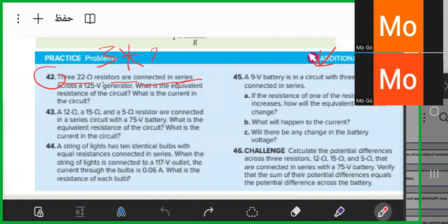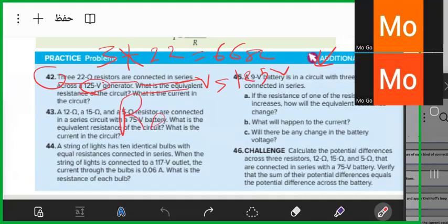3 multiplied by 22 is 66 ohm. And here's the voltage V, it was equal to 125 volt. So what is the equivalent resistor?